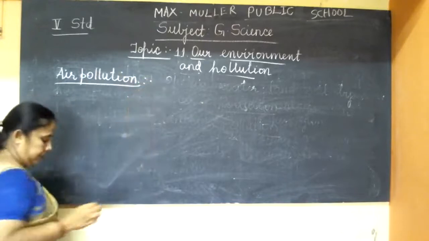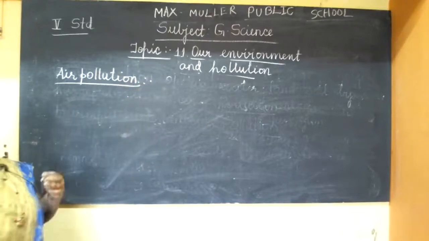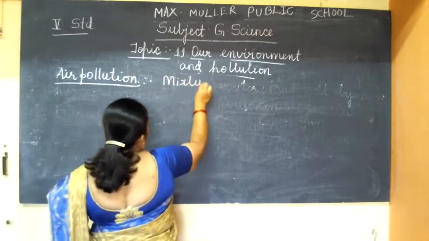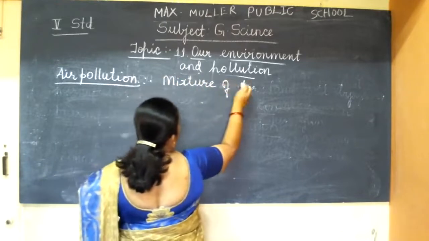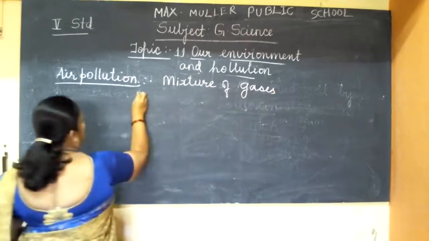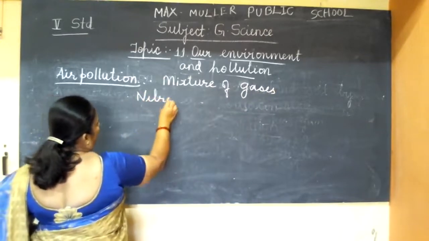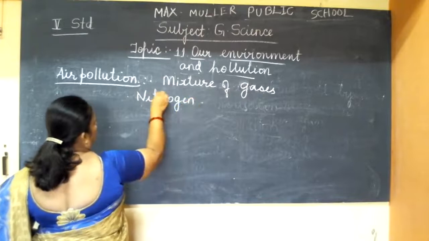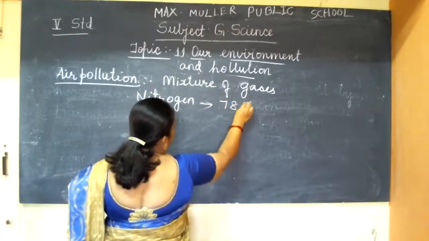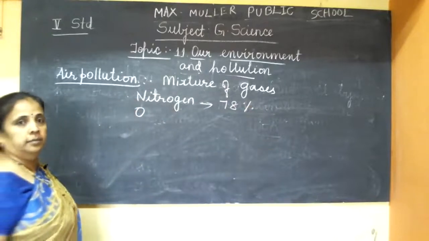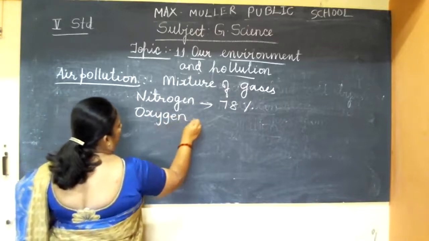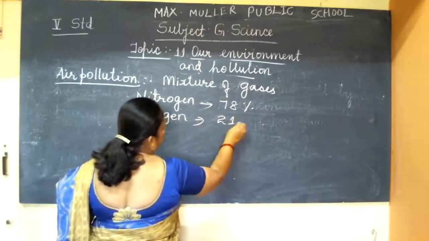You know that the air we breathe is a mixture of gases. So what gases does it contain? Out of 100, nitrogen is 78% and oxygen is 21%.